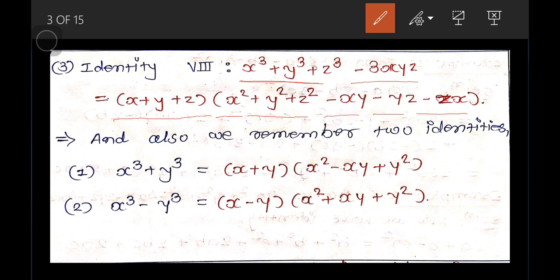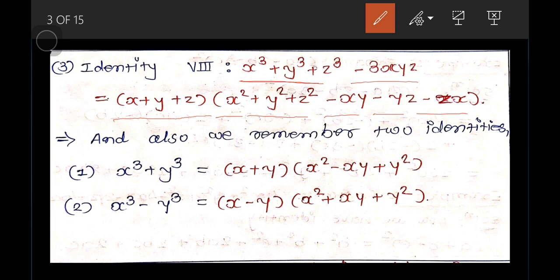Remember that in part number 12, there were quadratic identities given, that is (x plus y plus z) all square is equal to x square plus y square plus z square plus 2xy plus 2yz plus 2zx.